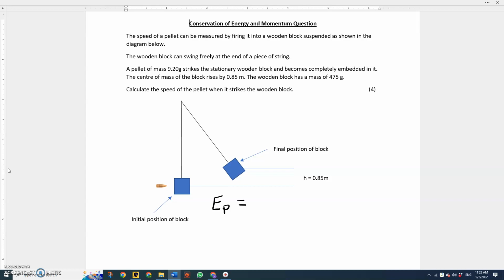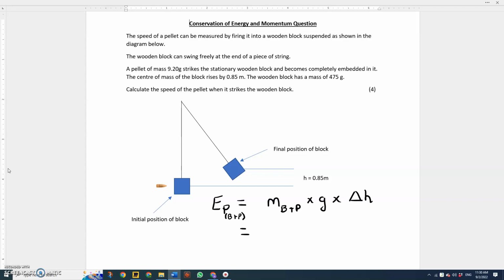So the potential energy of the block plus the pellet, because the pellet embeds itself in the block, is given by the mass of the block plus the pellet times gravitational field strength times the change in height.